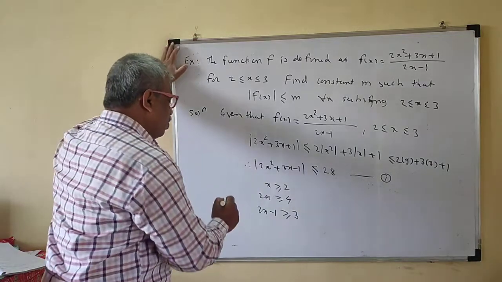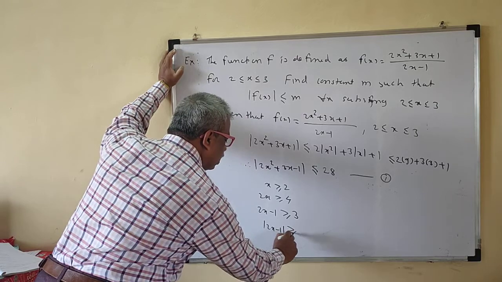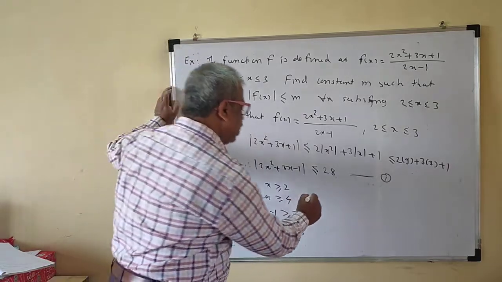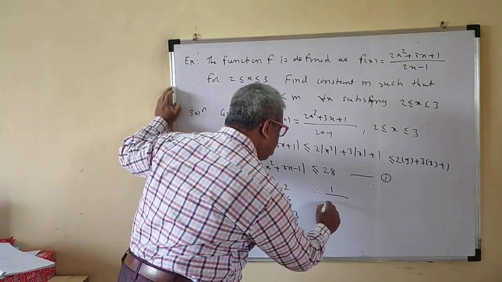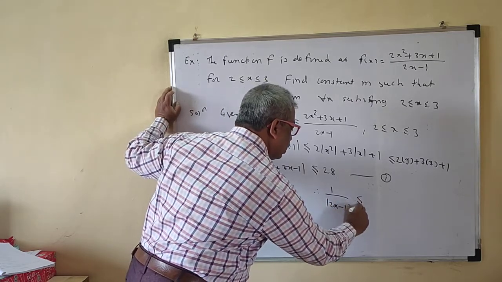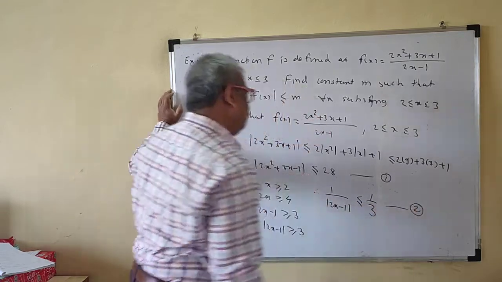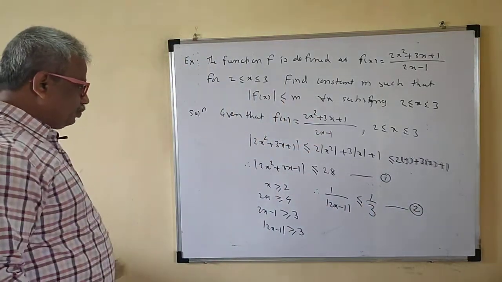So I can take the reciprocal. Therefore mod of twice x minus 1 is greater than or equal to 3 also, and therefore 1 upon mod of twice x minus 1 is less than or equal to 1 by 3. I will call this as 2 now.